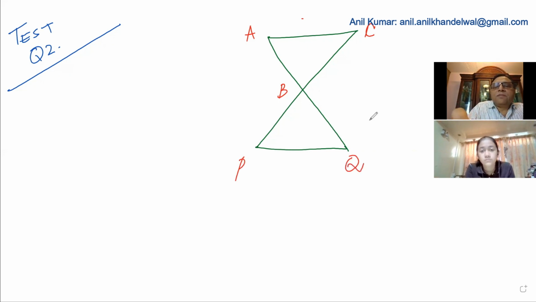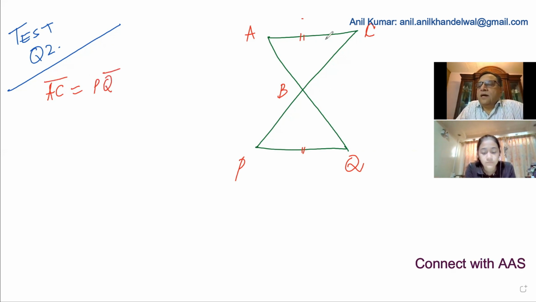Now in this drawing, I have given you that AC is equal to PQ. Is that okay? Length AC is equal to length PQ as shown by those markings, right? Exactly the same.